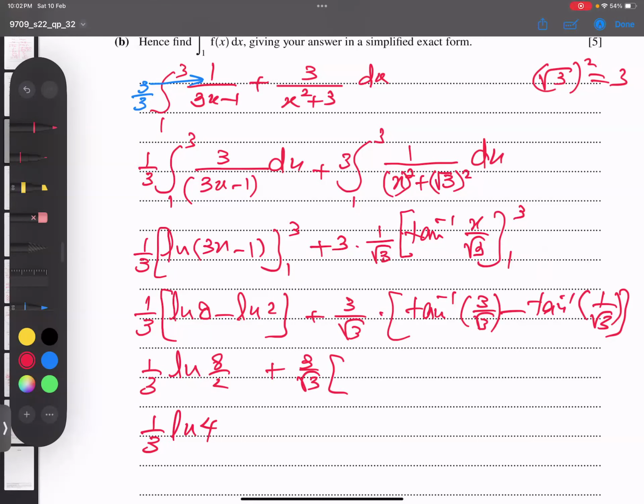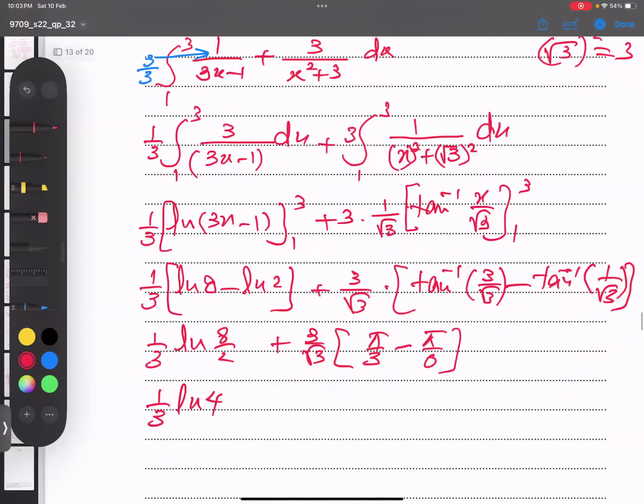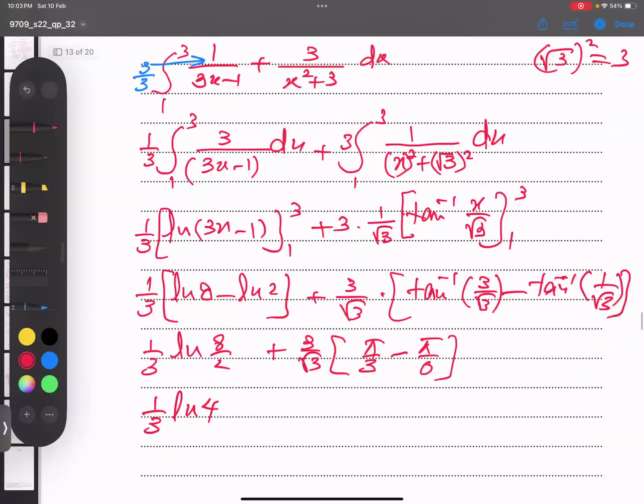So when I type it, this answer is coming as pi by 3. And when I type the other one, tan inverse, it is giving us pi by 6. Okay, pi by 6. Let me recheck. Yes, exactly correct.